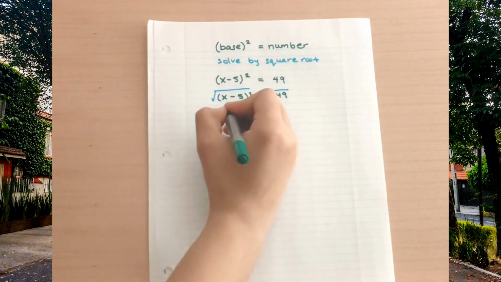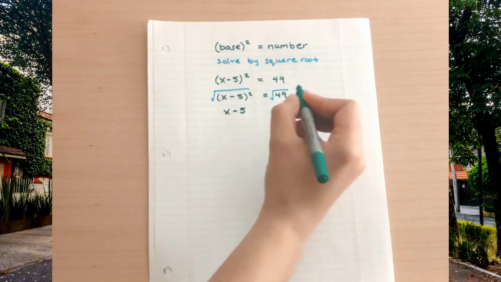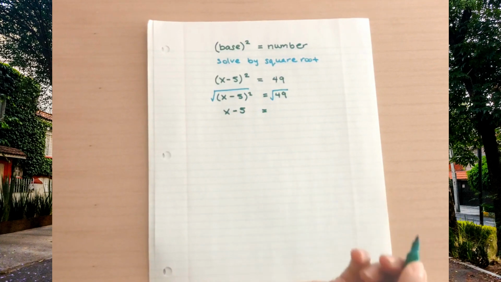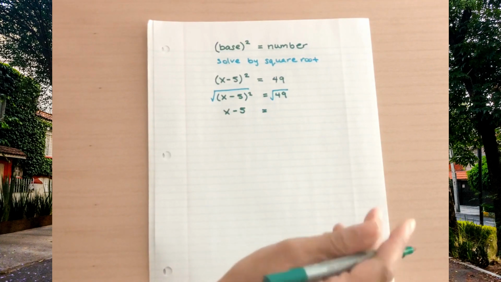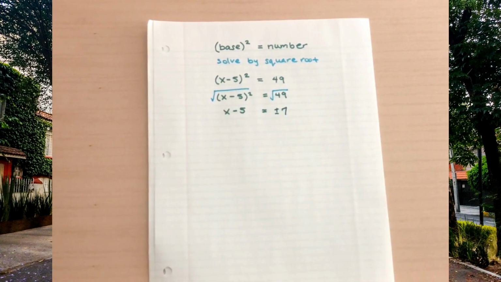And now on the left side, I'm left with just the x minus 5. And over here, the square root of 49 will give us 7, but remember, we'll have a positive and negative 7. So we can write it as plus and minus 7.